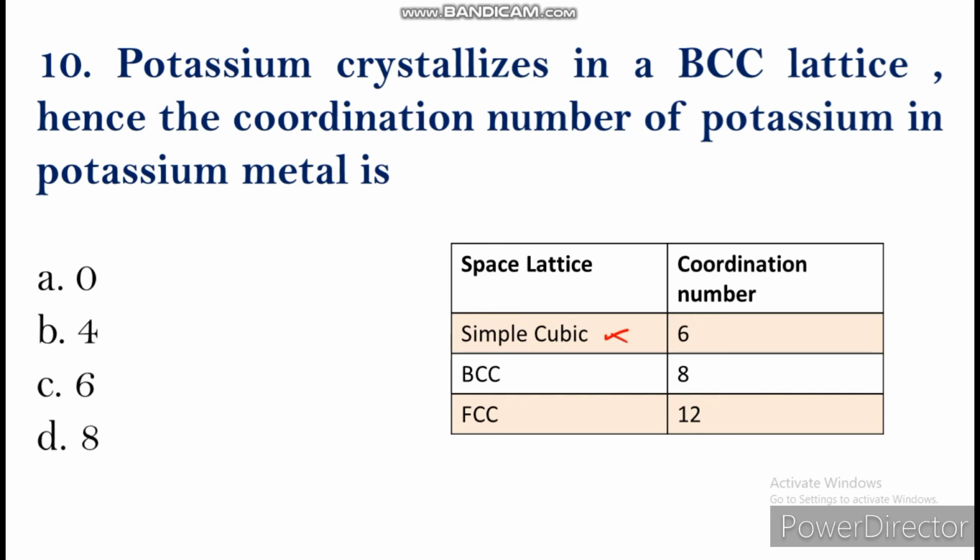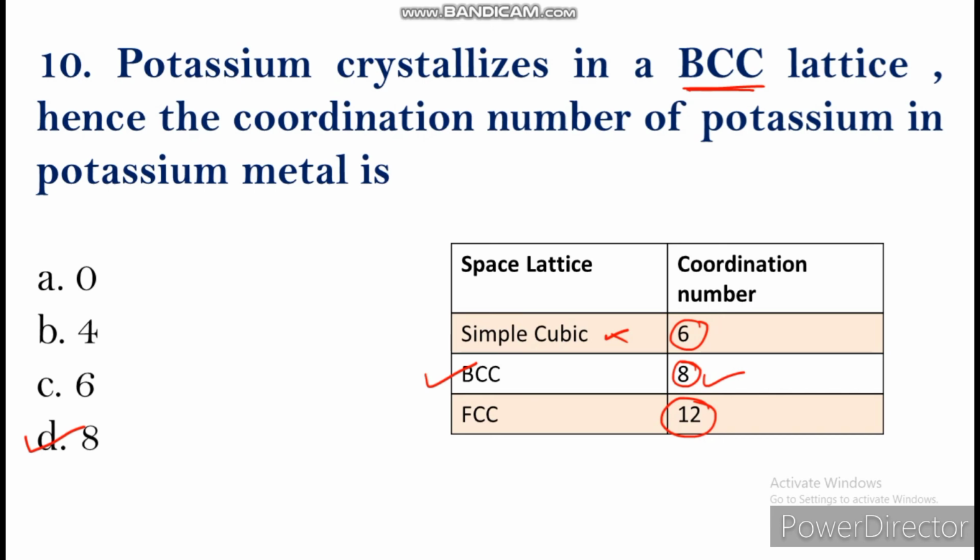This is not your case because they have given BCC. For BCC, the coordination number is 8. If it is simple cubic, it is 6. If it is face-centered cubic, it is 12. Here they have given BCC, body-centered cubic, so the coordination number is 8. So which option? Option D, 8.